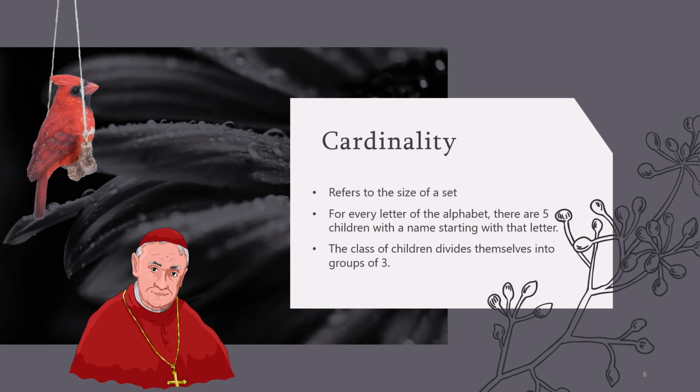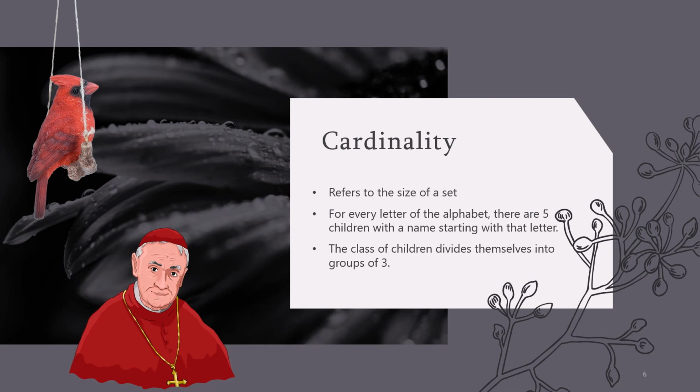So I've provided two examples here. For every letter in the alphabet, there are 5 children with a name starting with that letter. So in this example, the cardinal, or the number of sets, would not be 5 children. It is 26, because there are 26 groups of children, each with 5 in them.